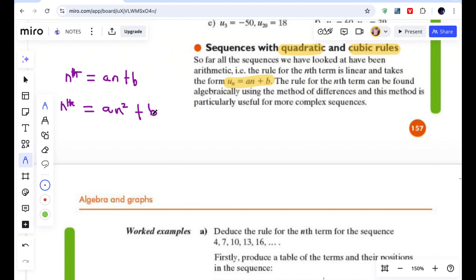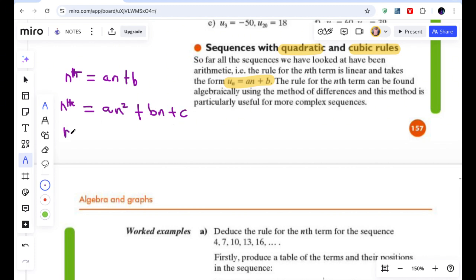In quadratic we always write x, right? The n here is used as x. Same thing. This is the function for quadratic sequence.